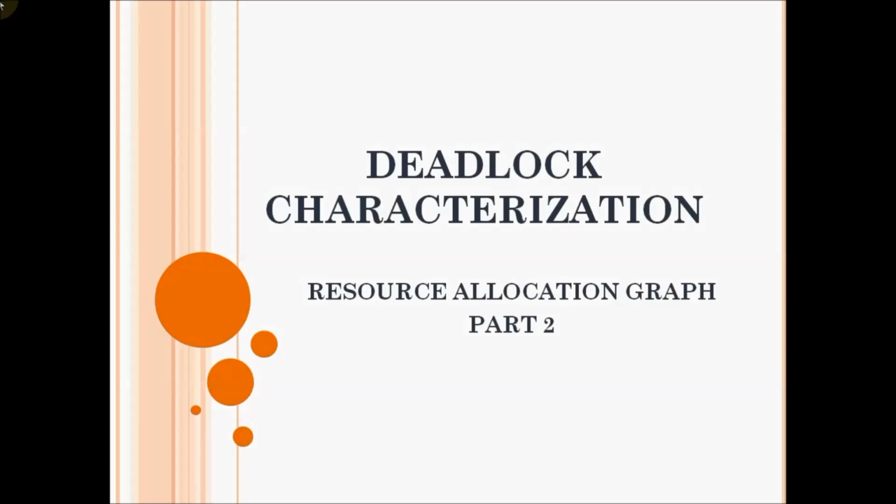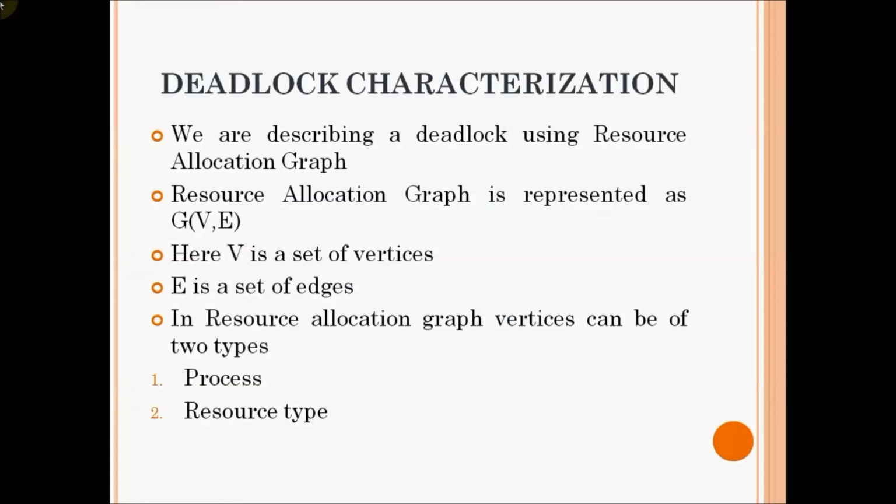So let me begin the deadlock characterization using resource allocation graph. So what is deadlock characterization? To know more about what is deadlock, you can refer to that video, which is in the description. So here, deadlock characterization means we are describing a deadlock using a resource allocation graph.